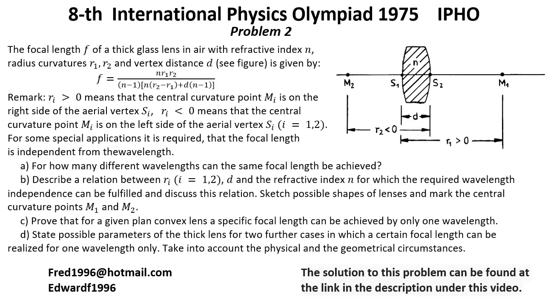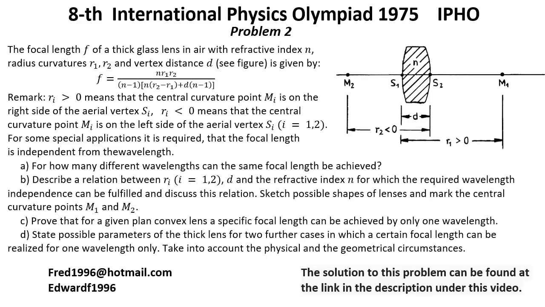For some specific applications, it is required that the focal length is independent of wavelength. Question A. For how many different wavelengths can the same focal length be achieved?